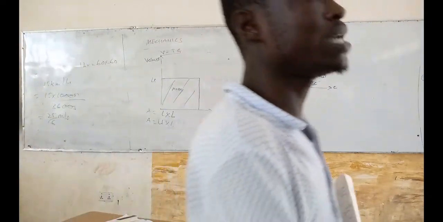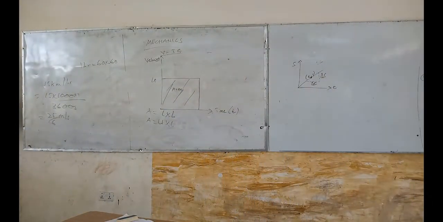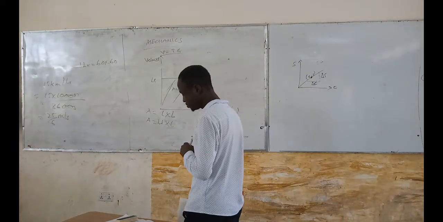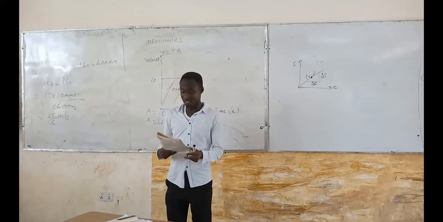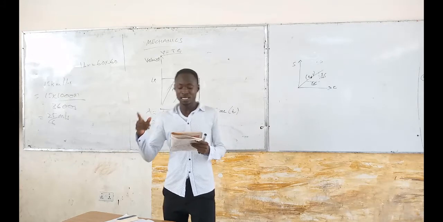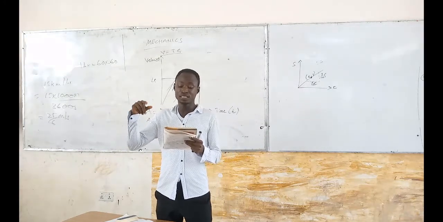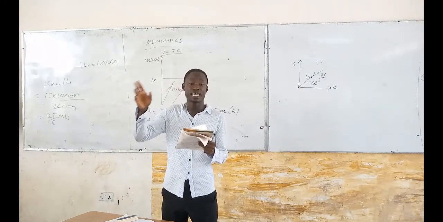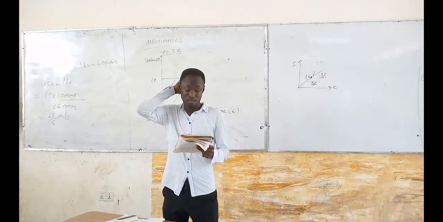And it is true, that's what we are seeing over there. To give you displacement. Is that okay? The geometrical interpretation of a velocity time graph is that the area under the curve gives displacement.